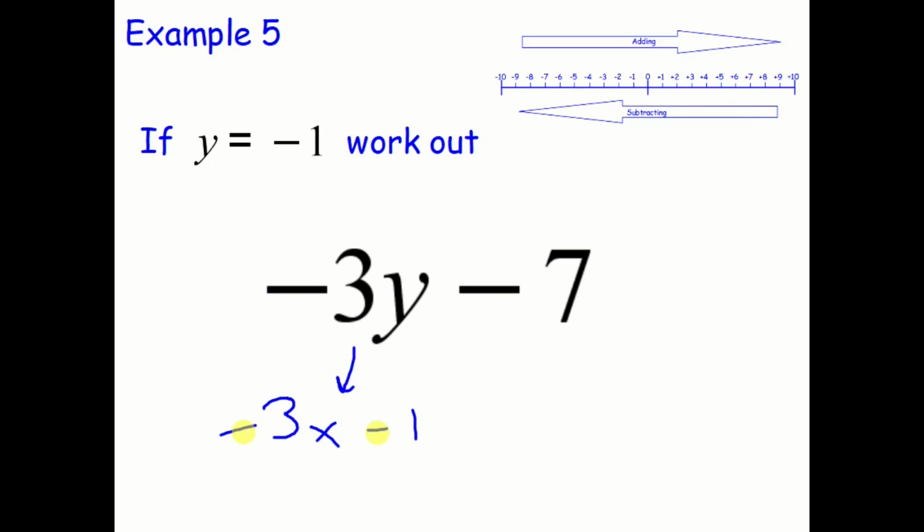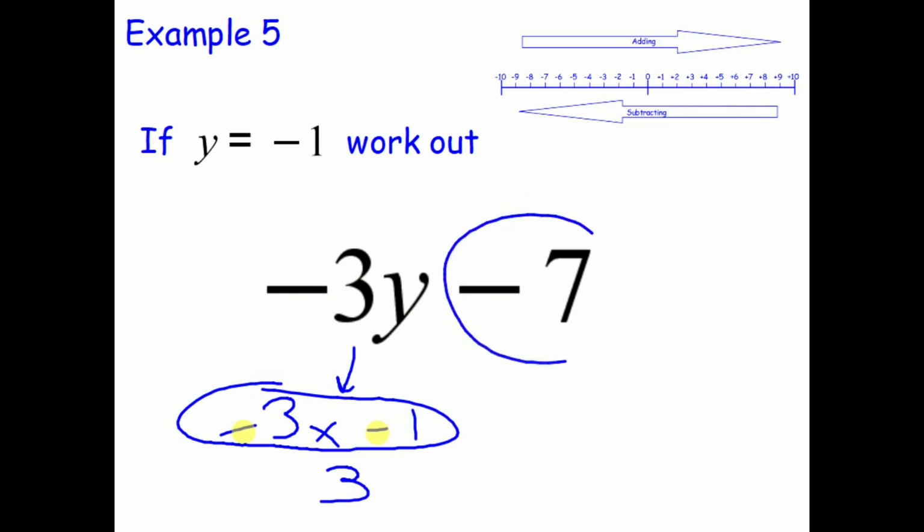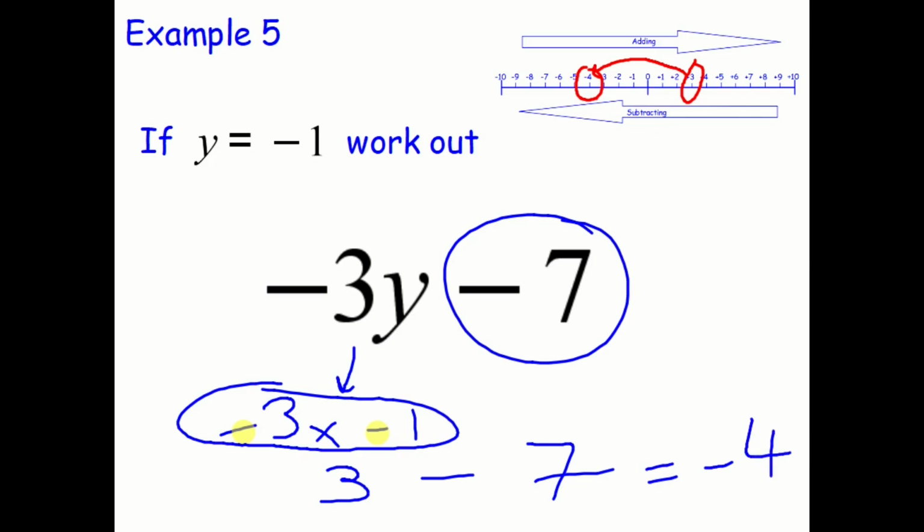So minus 3 multiplied by minus 1 is positive 3. And then I've still got my minus 7, so 3 minus 7 goes to positive 3 on the number line, and minus 7 takes me to minus 4. So minus 4 is your final answer there.